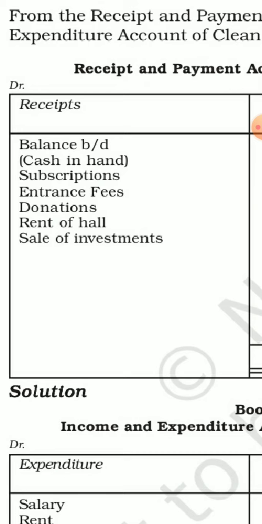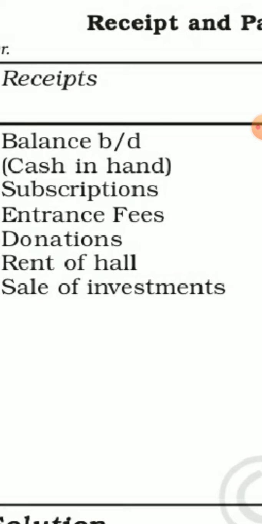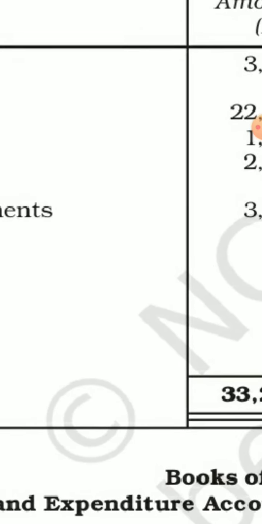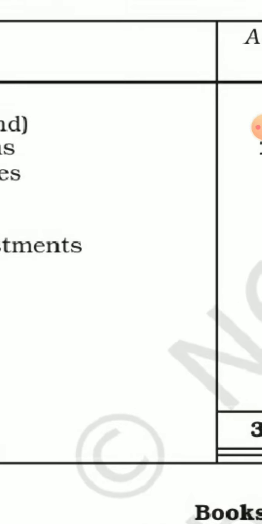First, in the receipts and payment account, balance is always there, but when we make the income and expenditure account, we ignore this balance, both opening balance and closing balance.